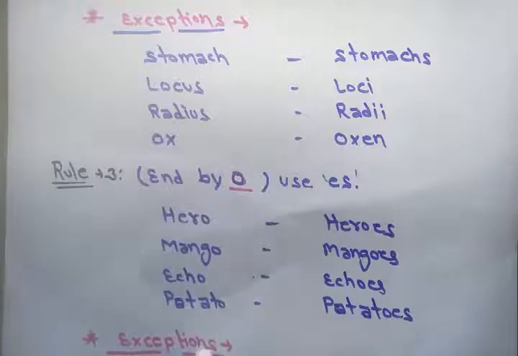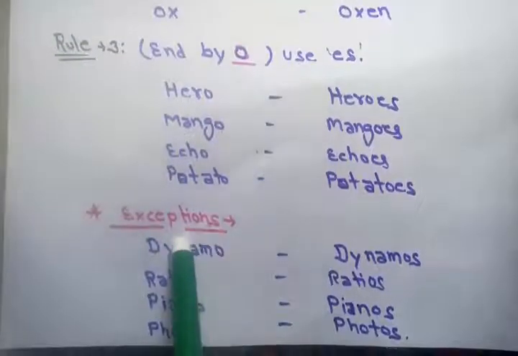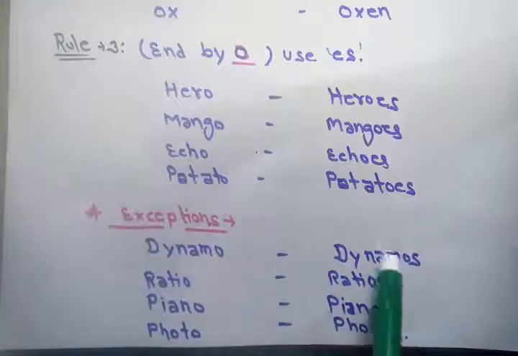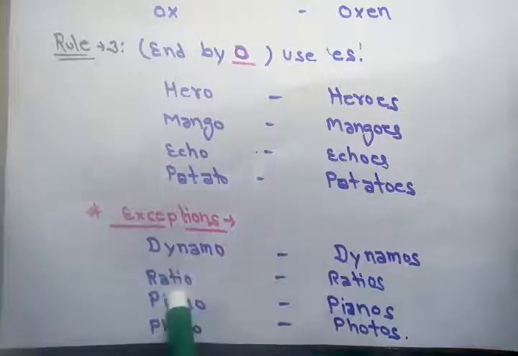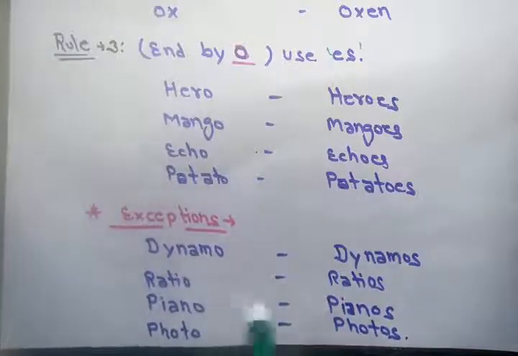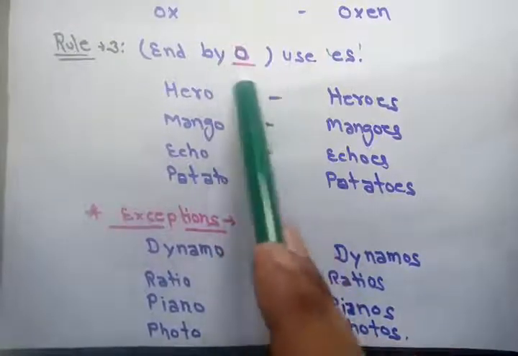But there are also some exceptions. For example, dynamo, dynamos, after o we use only s here. And ratio, ratios; piano, pianos; and photo, photos. So there are some exceptions for o.